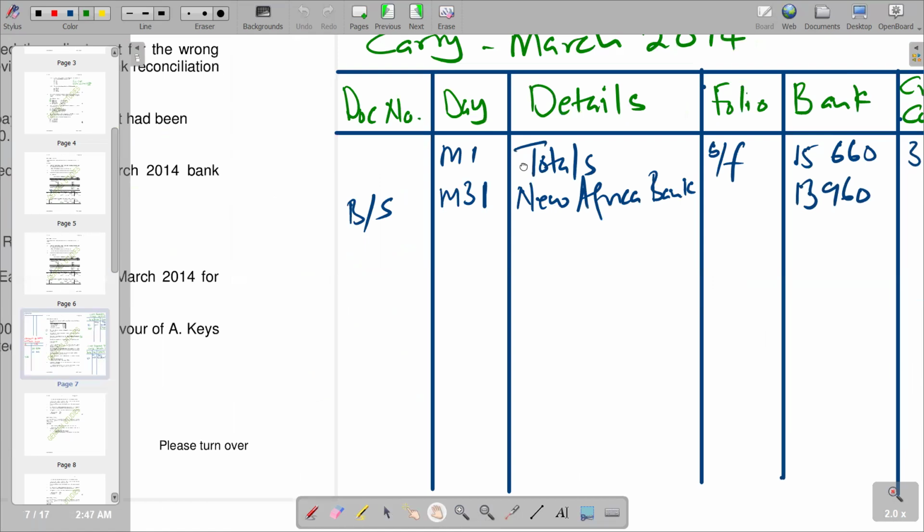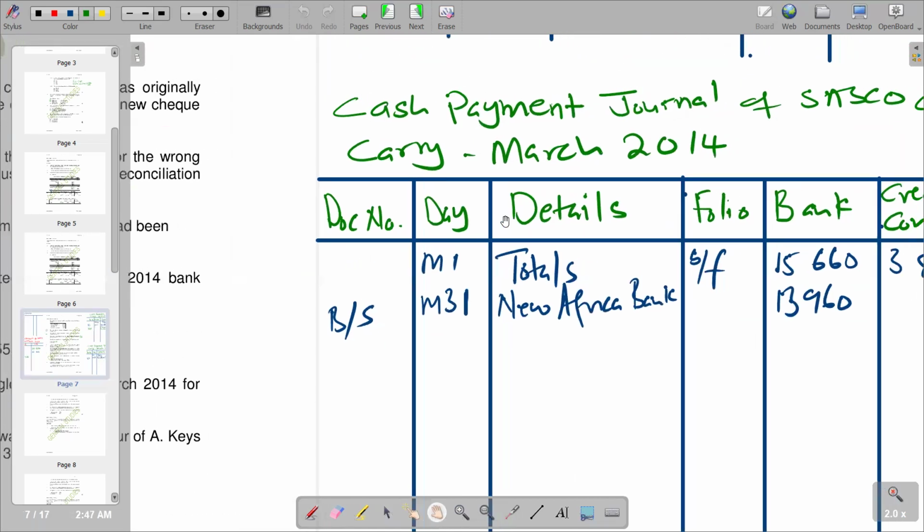So this is our cash payment journal, and we are saying for the details, we are saying P Princess, and it's a refer to drawer, which means dishonored. And then the amount that we have is 1,880.